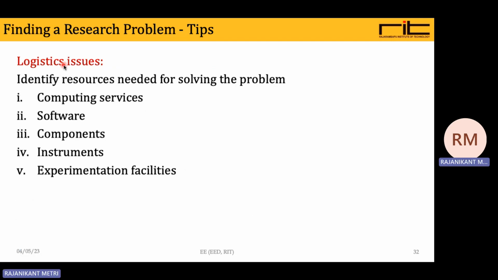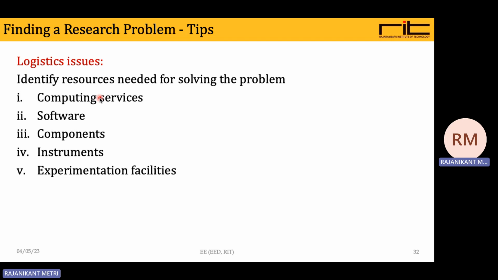And the next point is logistic issues. So identify the resources that will be needed and that are at your disposal for solving the problem as soon as possible. So what are those issues? For example, computing services. It includes computational servers, software licenses, components, instruments, or experimentation facility.